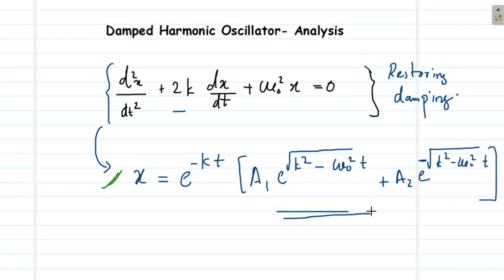So this is the equation for x. And when we look into this equation, this can have different forms or different behaviors under different conditions. So let us try to analyze that.